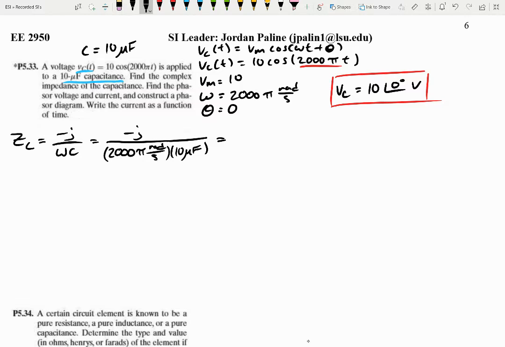And I'm getting negative J 15.915 ohms, which is the same thing as saying 15.915 at negative 90 degrees. Okay. And that's the complex impedance for the capacitance.